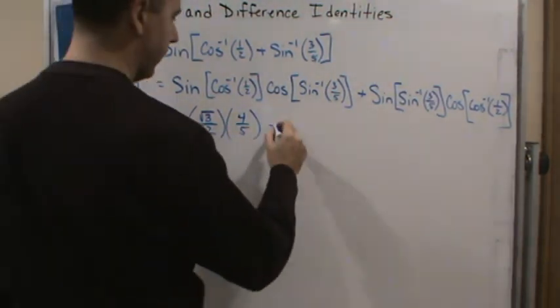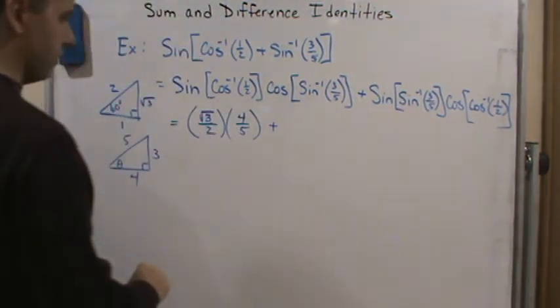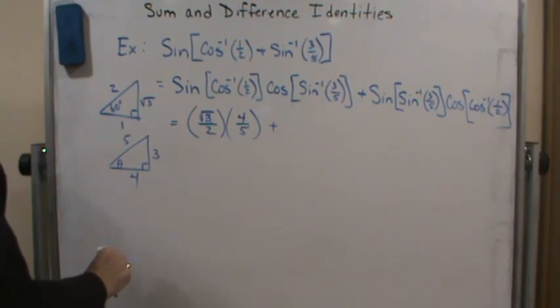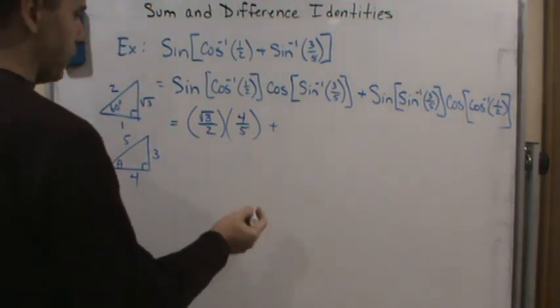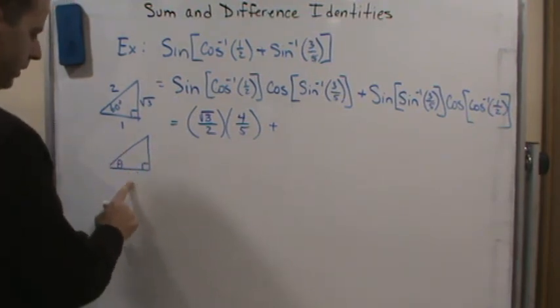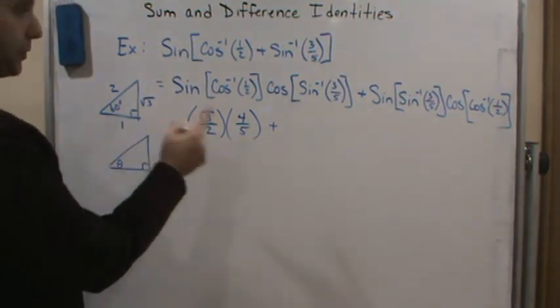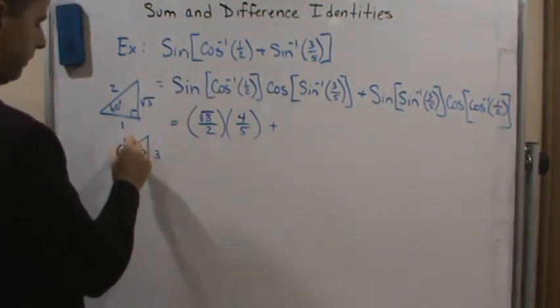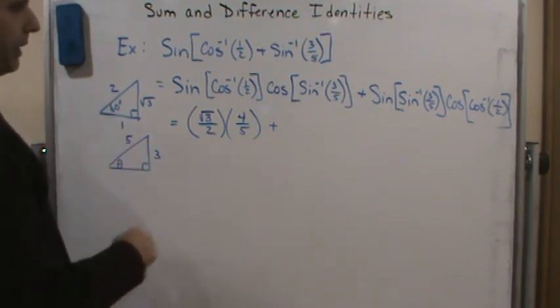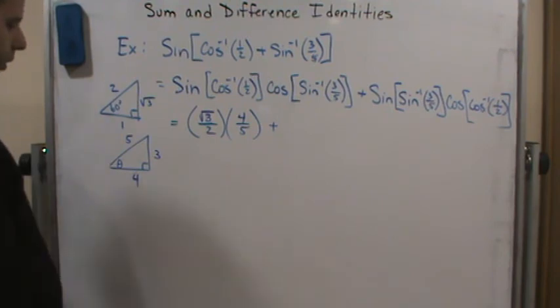Now let's do the second one. We've got, again, sine of inverse sine of 3/5. Now our triangles are going to change a little bit. For this angle, it's opposite over hypotenuse, so 3 over 5, and so this is going to be 4.